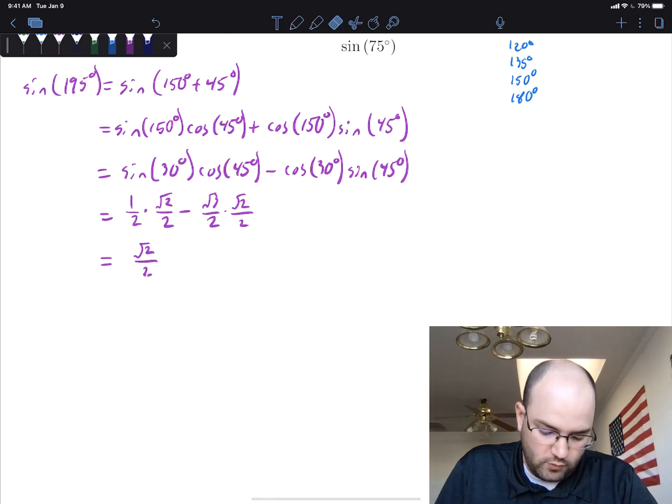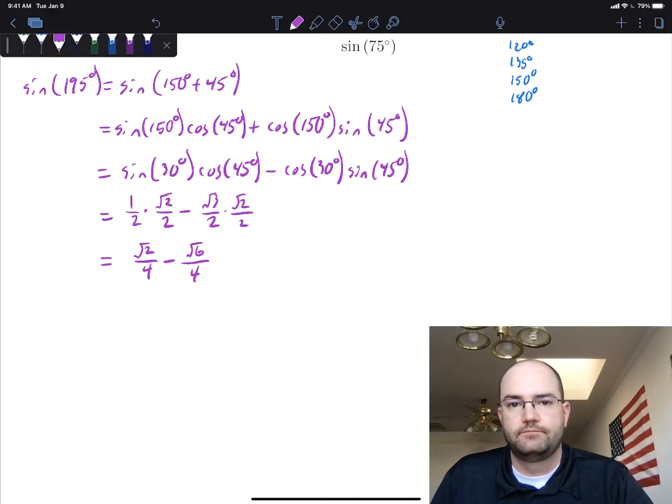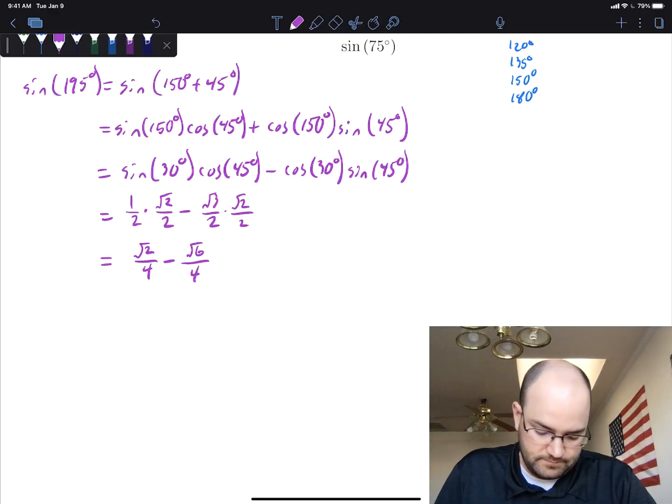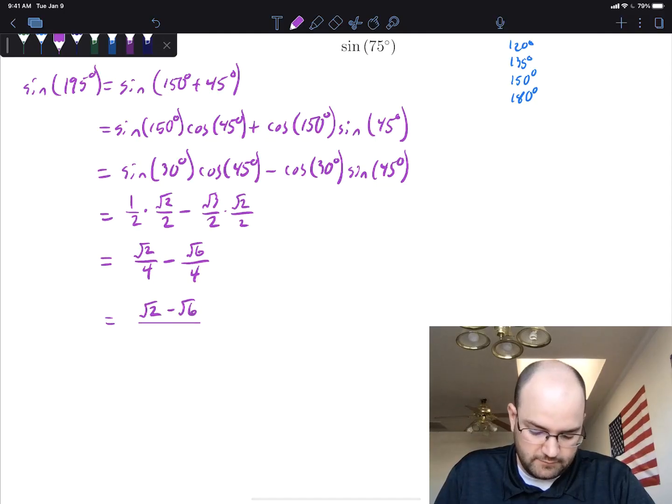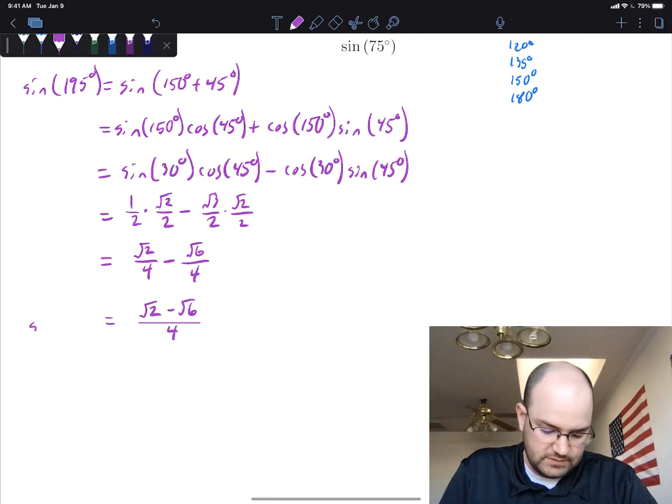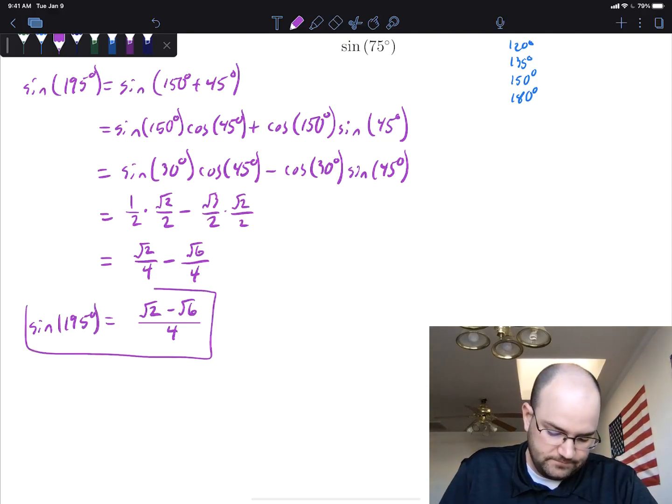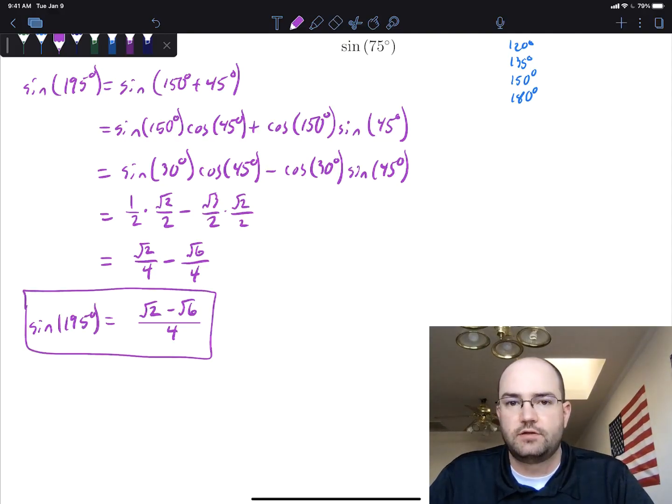So it gives you root 2 over 4, and then minus root 6 over 4. And then just simplify at that point. That gives you root 2 minus root 6 all over 4.